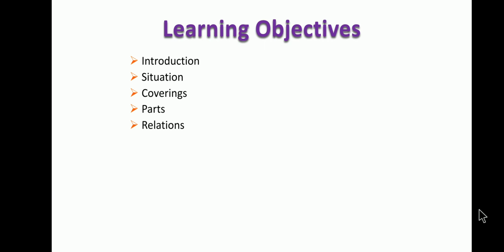Our learning objectives for today with respect to the submandibular gland will be mainly a short introduction, followed by its situation, coverings of the gland, then its presenting parts, relations, blood supply, nerve supply, and then the clinical aspects.